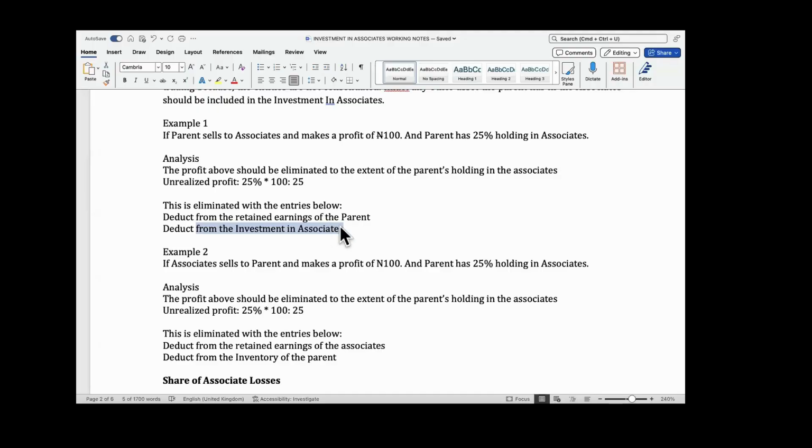That's why the only one we could hold responsible is investment in associates. Either way, the unrealized profit is going out at the level of investment in associates, so that we will not be taking a share of unrealized profit. So it's gone.